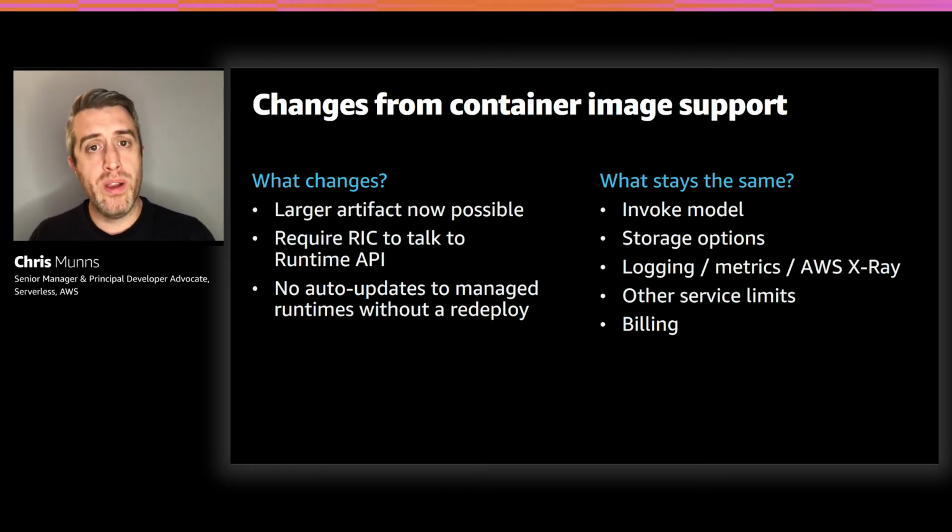And then again, one thing that's very different here is because you now own that runtime, you own that container image, you will no longer get automatic updates to runtimes. Now, this is an important caveat towards how Lambda works as a service, and it's something that we, from the very early days of the service, have often talked about as being a key benefit, which is that we take ownership of that runtime so that you just consume it.